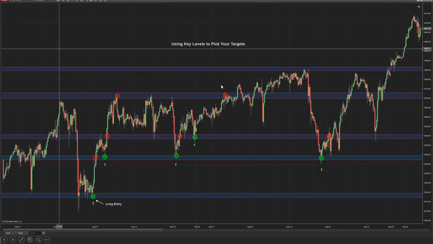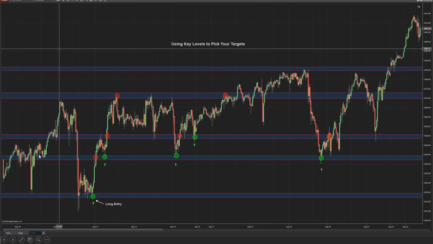So this is what I was talking about in using them to pick your targets. For instance, if we were to get long right here, you've got plenty of headroom, so that would be your exit. Or if you decided to hang on, anticipating the possible break, you might stick in until right about here. And then of course with resistance turning into support, it's going to come back and retest.